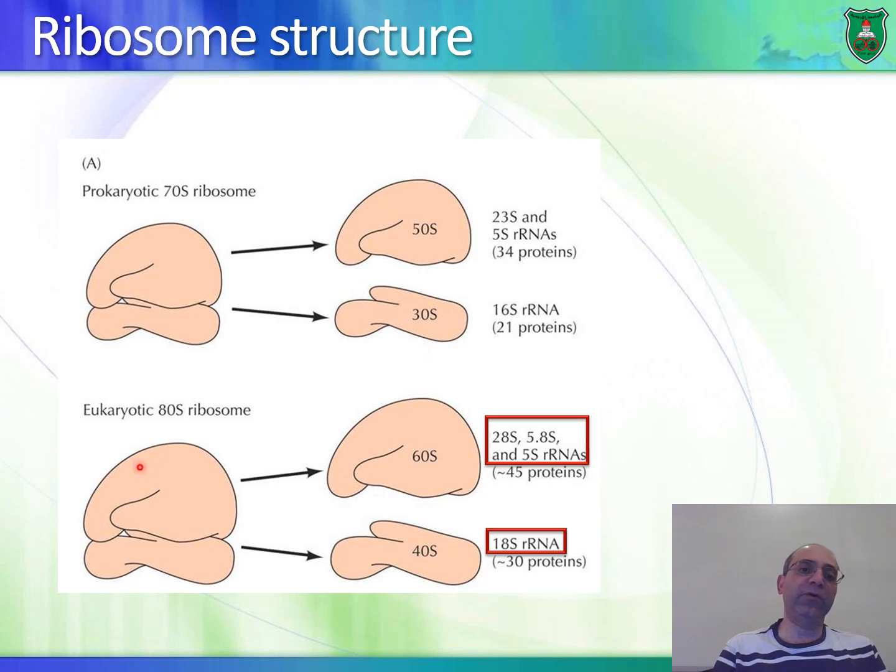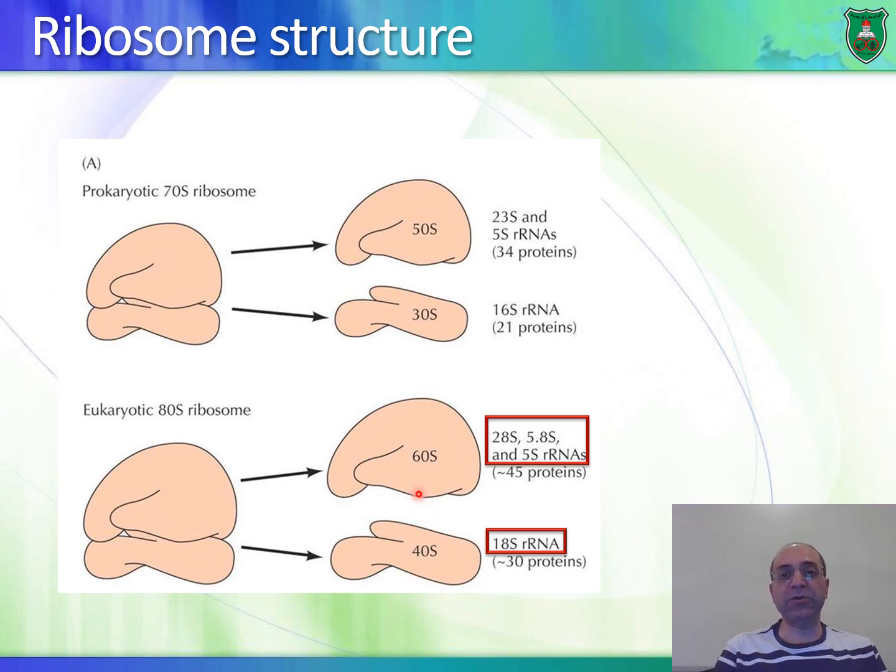Now, if you look at eukaryotic cells, again, you have a large ribosomal subunit and a small ribosomal subunit, and the large ribosomal subunit has a weight of 60S, and the small ribosomal subunit has a weight of 40S.